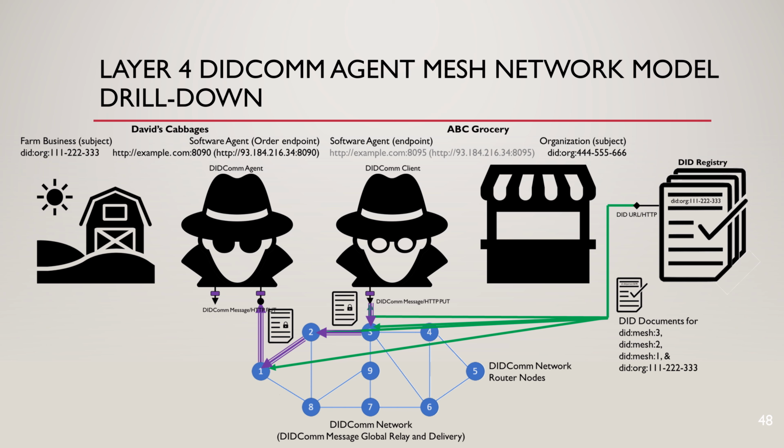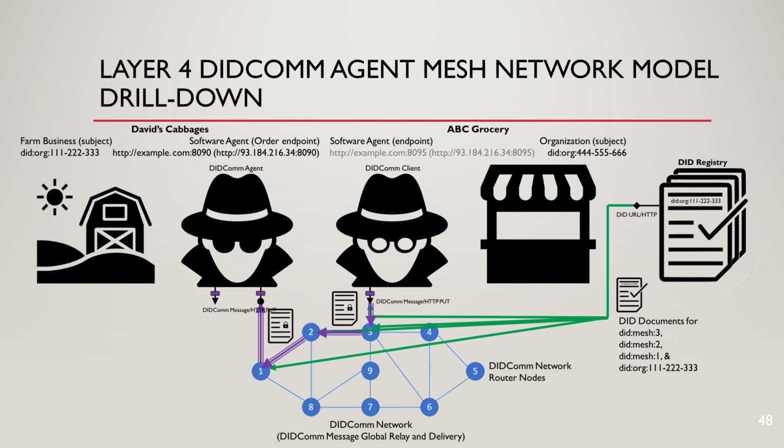The other thing that the DIDComm network provides over and above this routing capability is the ability to support disconnected clients, disconnected agents. So the way that works is if an agent is not running, or the computer that it's on has been turned off, and somebody is trying to send you a DIDComm message, what happens to that message? Well, in the point-to-point scenario, that attempted transfer is just going to fail.